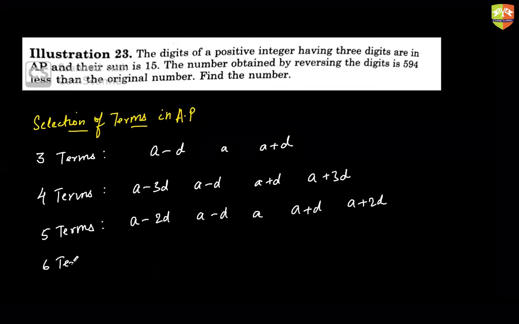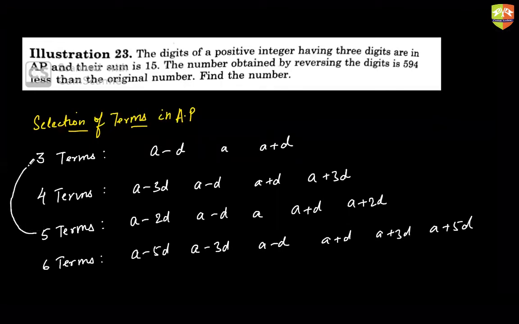Correct? If you're asked to select 6 terms, it will be a minus 5d, a minus 3d, a minus d, a plus d, a plus 3d, a plus 5d, etc. Basically, the 5th term will follow from the 3rd term, 6th term will follow from the 4th term. So you just take a term to the left and to the right, and you get the terms of the series.